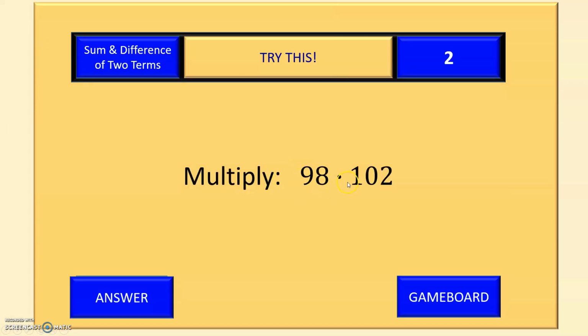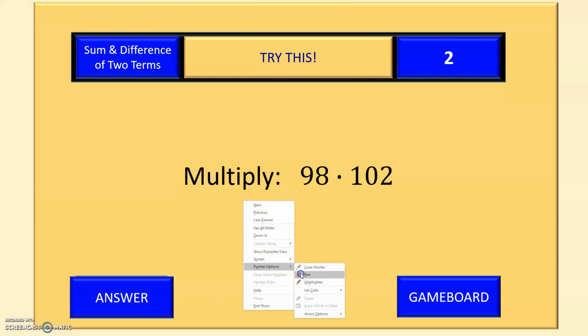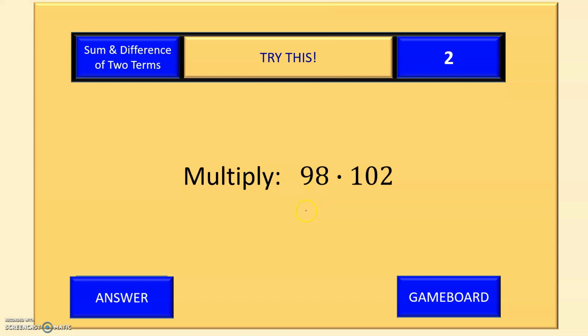Okay? Next, suppose the student will select sum and difference of 2 terms for 2 points. Multiply 98 times 102. Well, of course, others would do it manually, so 98 times 102 directly. But since we can express 98 and 102 as algebraic expressions, that's what we're going to do. That is, 98 is actually 100 minus 2, times 102, which is 100 plus 2.